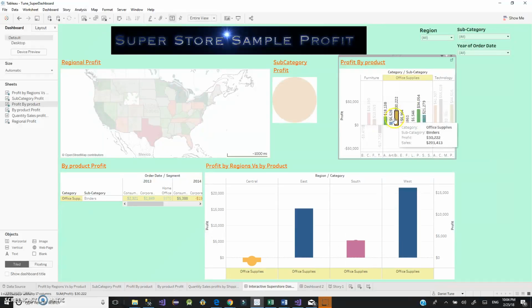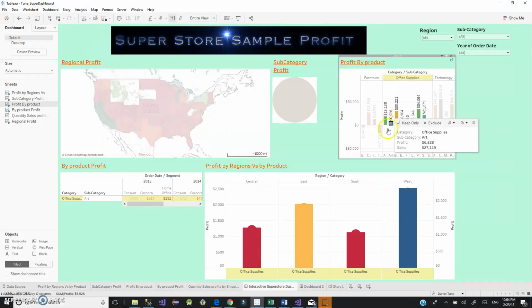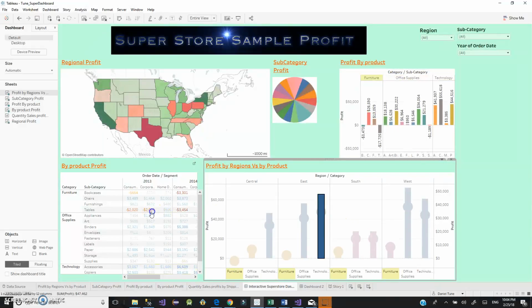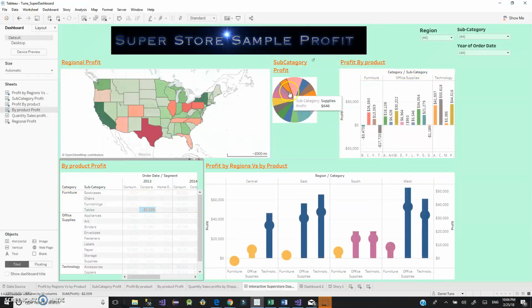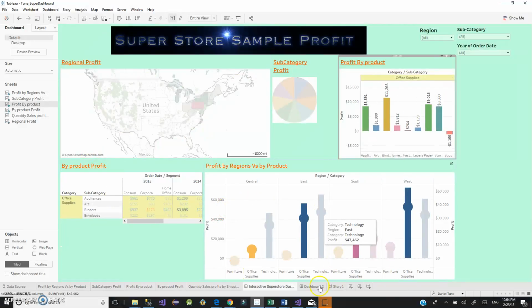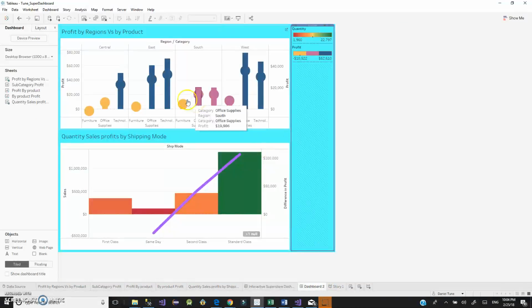When I select up here, it's going to affect everything. If I go here, it's going to affect it. Yes, this is what it looks like. The second dashboard is also right here, with profit by region and by product.